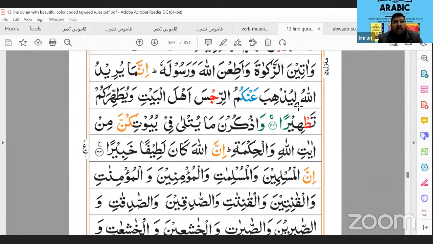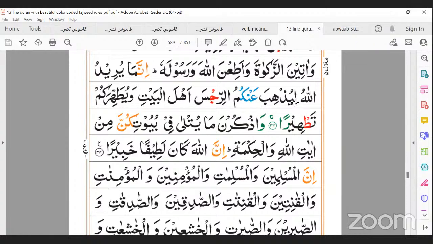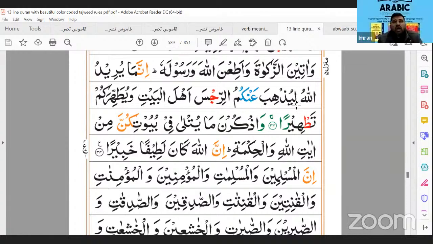There are different types of lams in the Arabic language. The basic one comes with a noun, but this one is a good question. It comes in order to. This lam is called lamu ta'lil, which means a causative lam, or lam for explanation as well.